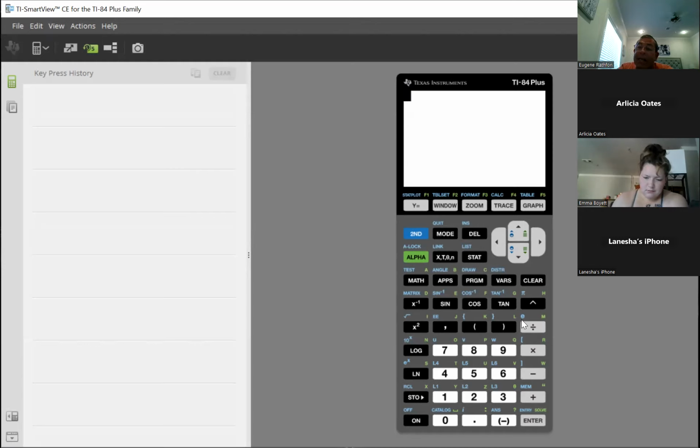Now, if your E has an exponent, you can use the one over here on the left side of the 4, above the LN button. You see an E with an X. If you punch that one, it lets you punch in an exponent. So first, I'm just going to show you what the E value is. Because remember, pi is like 3.14, blah, blah, blah.